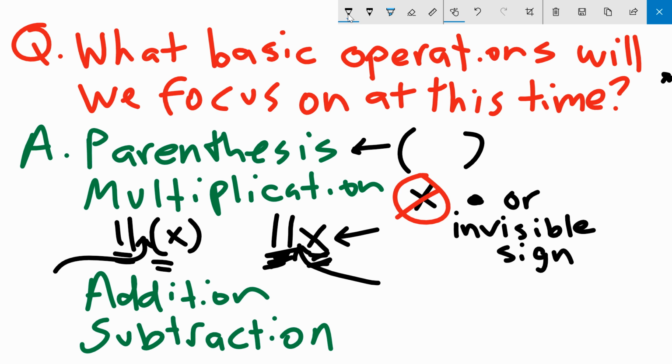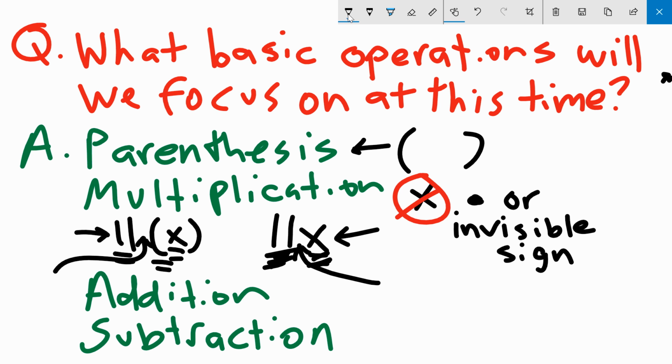Number next to a parenthesis with no symbol in between, that means that you're going to multiply this guy here by whatever's in the parentheses. Clear? Confusing? Oh, man. Okay. You might have to rewind to catch that again if necessary, maybe not.